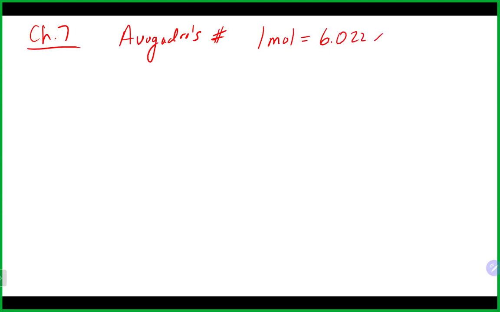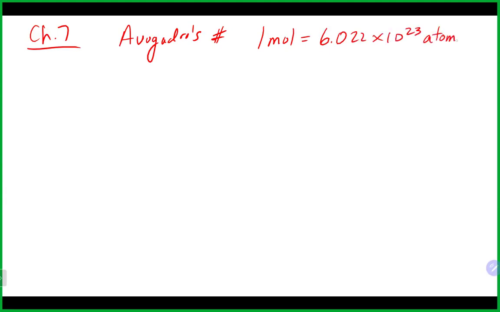Chapter 7, and last time we got into some really important calculations and conversions, and the couple that we talked about were Avogadro's number. Remember, Avogadro's number represents a mole of something, so 1 mole of anything will equal 6.022 times 10 to the 23.